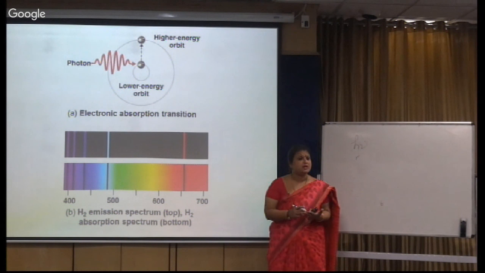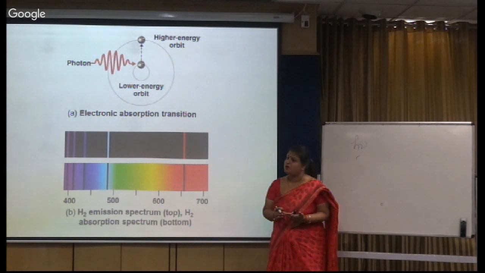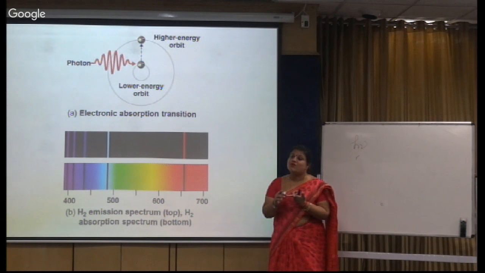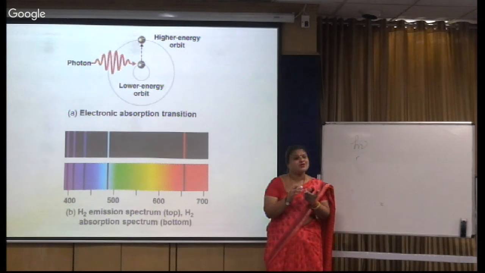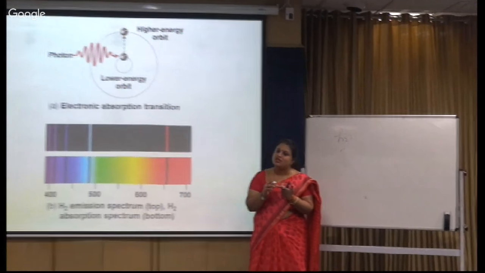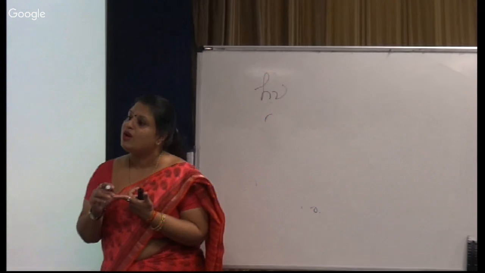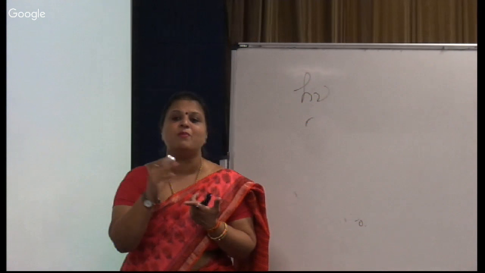What were the postulates? If we quickly recollect the postulates that we discussed last time. Firstly, the electron will remain in the same orbit, and hence this is the stationary state orbit. The electrons will emit energy or absorb energy only when they move from one orbit to another.